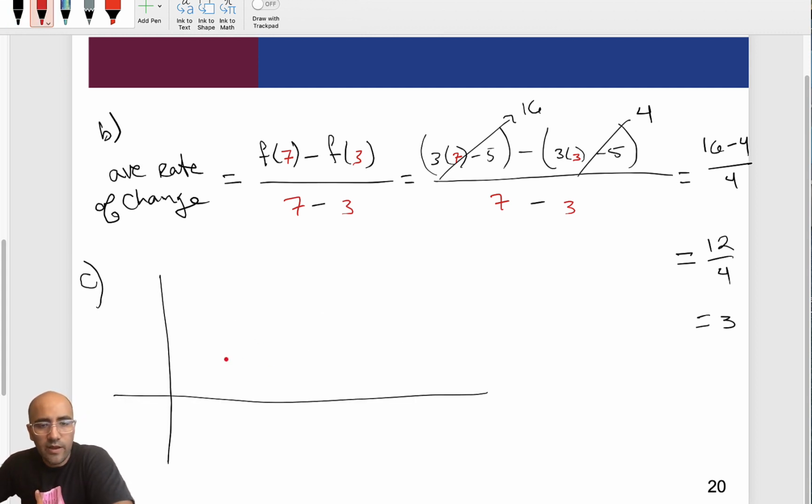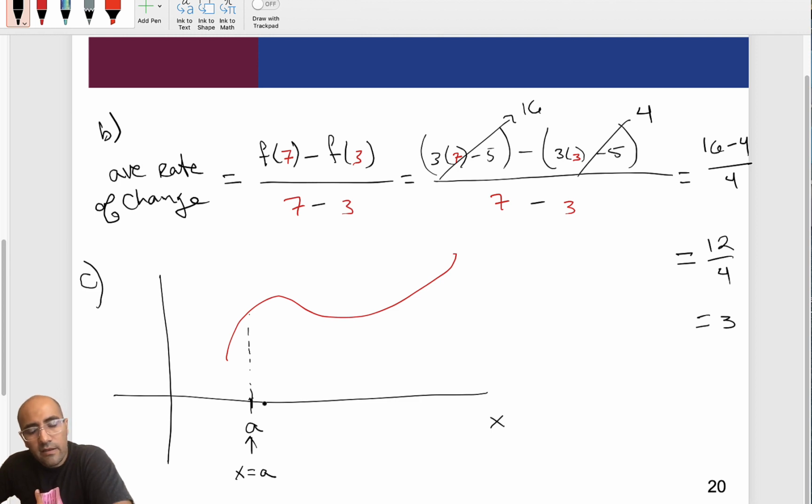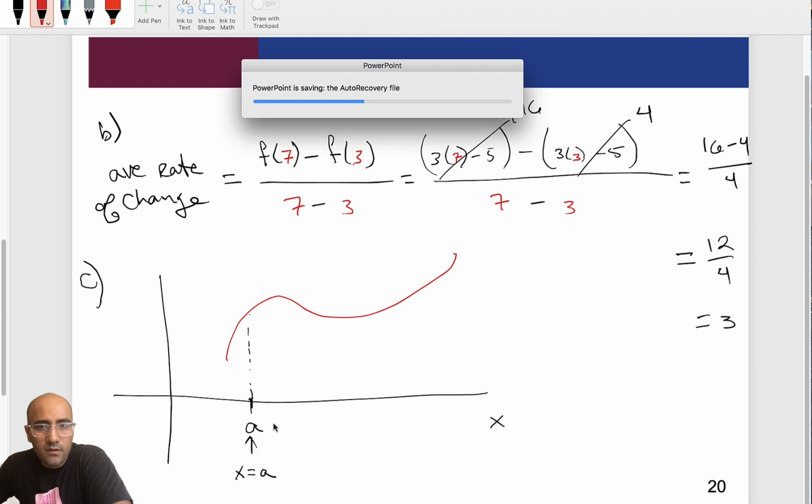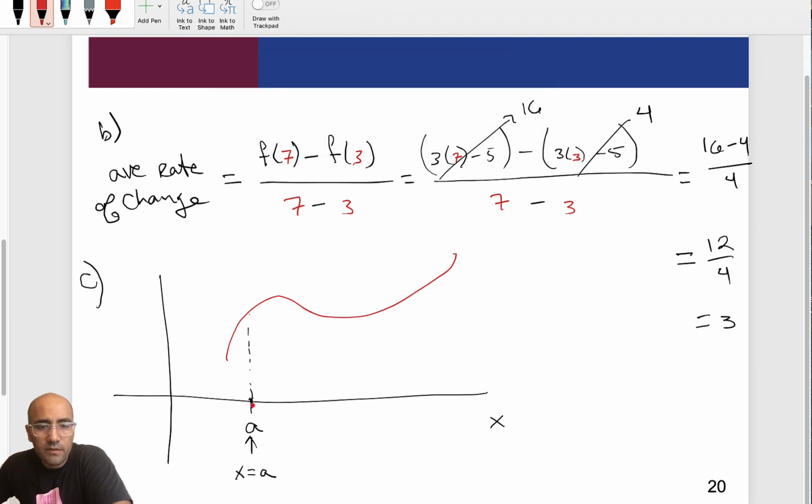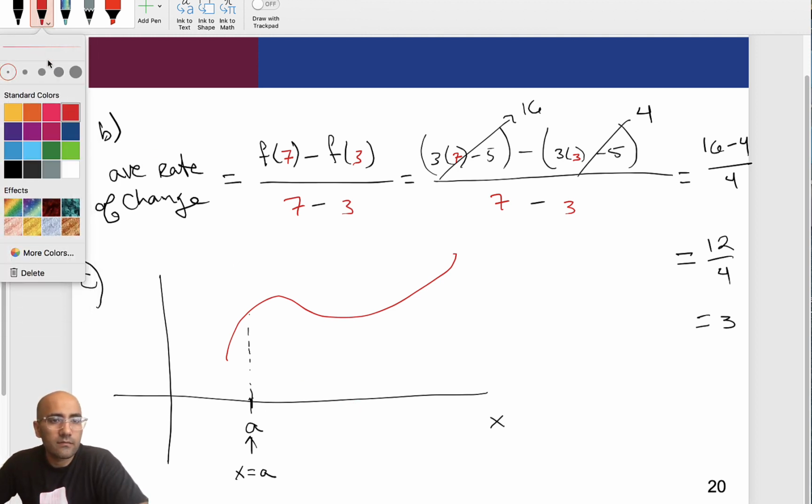We just have some sort of graph here. We very often describe the x value. So we have x at some point a. This is x equals a. And then if we let h be some positive distance, then we can describe it as some distance to the right of a.